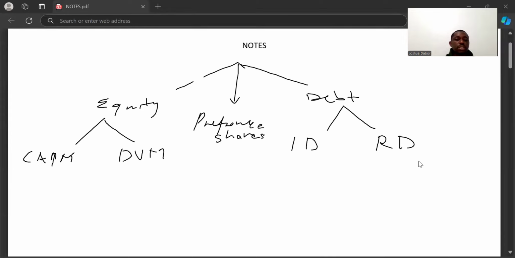Under your cost of equity, the dividend valuation model, you can further break it down into two: using the growth model or without growth.